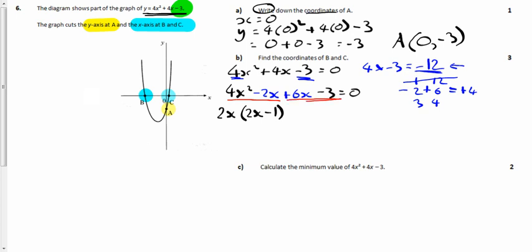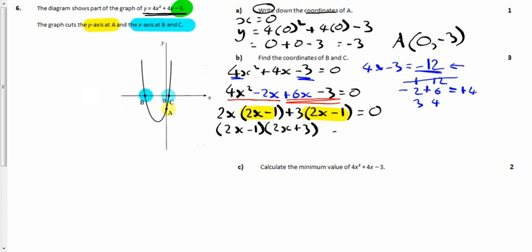Same for the second pair. Again, positive 3 for a common factor, which would leave me with 2x minus 1 for my second bracket. Just a quick check, my two brackets are the same, so that means I've factorised this correctly. 2x minus 1, taking out the bracket as a common factor, and I'd be left with 2x plus 3.